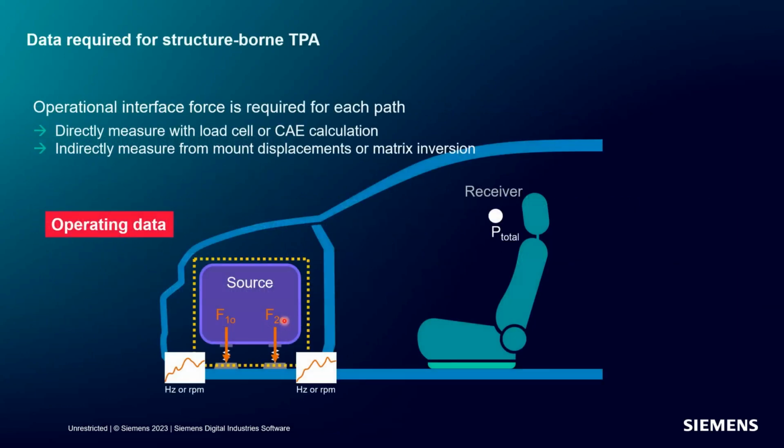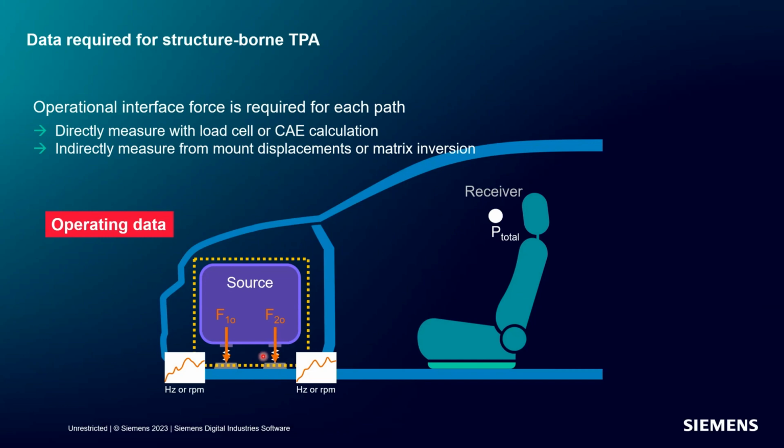So here is how we would break down a system with two mounts, where we have a source attached to the structure. F1O means the force at location 1, O means operational. And then we have F2O, the force at the second location, also operational. When I'm trying to break down a problem to diagnose with transfer path analysis, I think of the dotted orange line as surrounding the source.